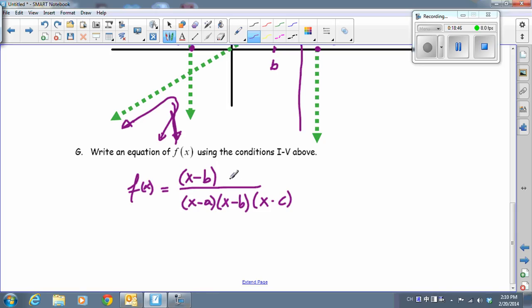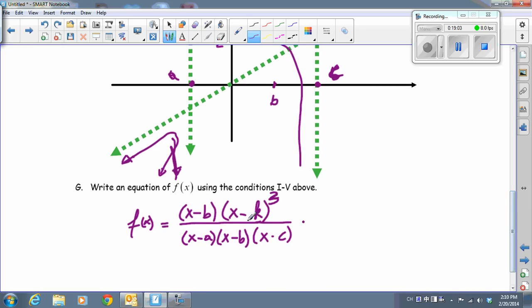No squares. And on top I will have x minus a constant, I can call it k, and the degree on top is 4, so I'll put 3 here because this is 3 plus 1, 4. I forgot one more thing. What is k? The constant is this value here. K will be your x-intercept.